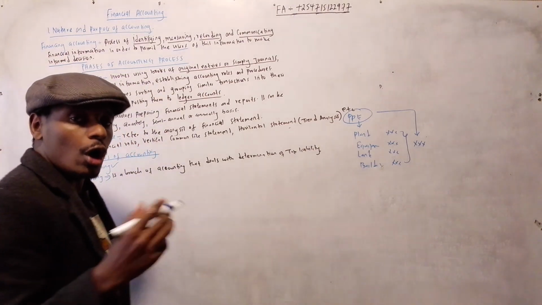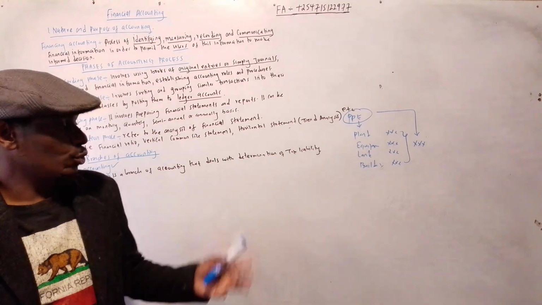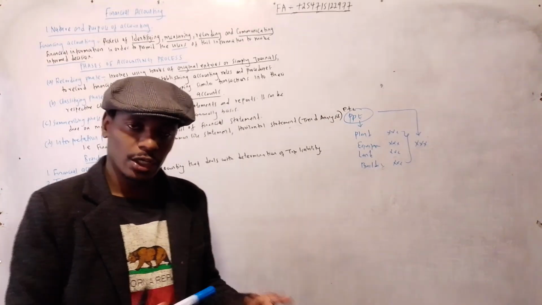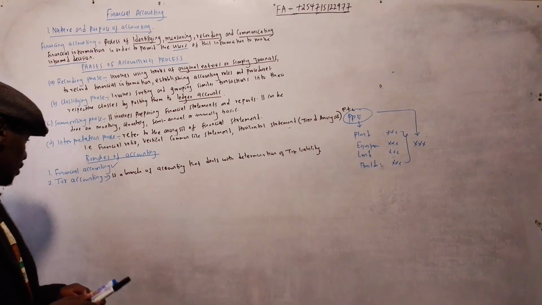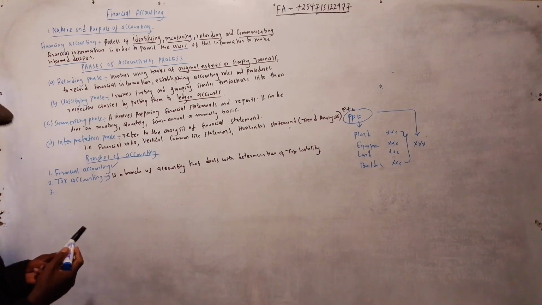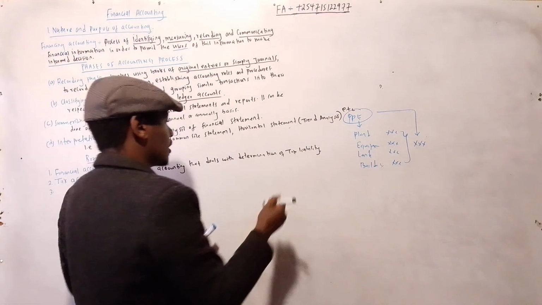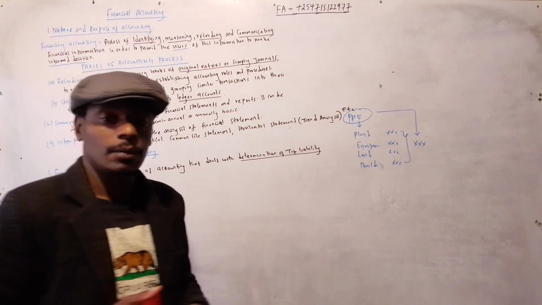So how much in terms of tax are we supposed to pay during this financial year? That department, which we call the tax accounting department, is the one that deals with the determination of tax liability. Not only the tax liability, so it is not involved in determination of tax liability alone.